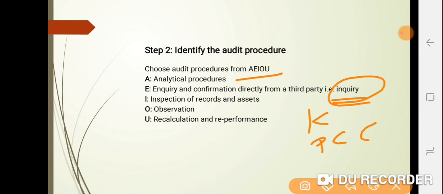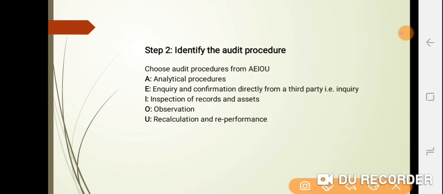Then next we have inspection of records and assets. See, inspection of records and assets considers the knowledge, objectives, experience, responsibility, and qualifications of the individual to be interviewed.